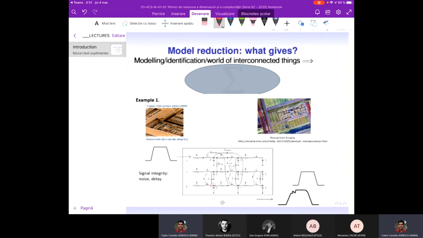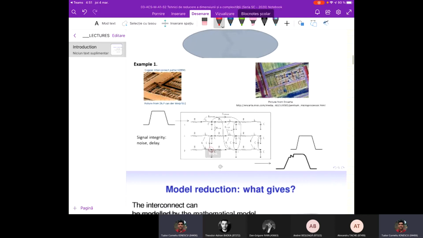So we have a few examples. Usually very complicated models come from electronics, where you need to implement on a piece of silicon a huge number of circuits.